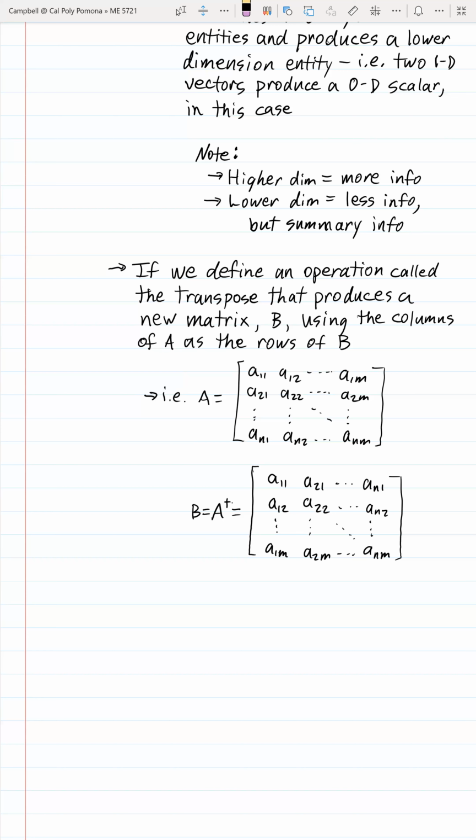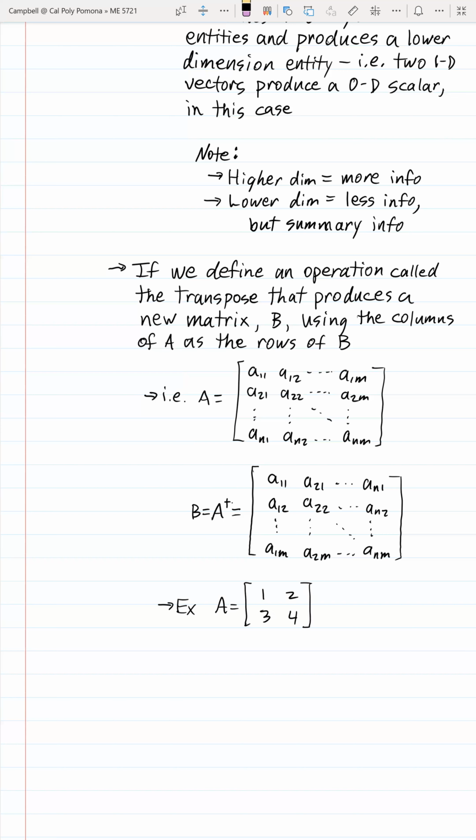Now, here I'm talking a little bit using square matrix terminology. Of course, in this particular case, we may not have a square matrix, but you can kind of see what's going on. The diagonal terms will effectively remain the same, and then we'll just be swapping other terms around those diagonal terms. So with that, let's go ahead and use an example. And as I kind of spoiled for you, let's make it a square matrix. So we'll have matrix A, my favorite matrix, 1, 2, 3, and 4.